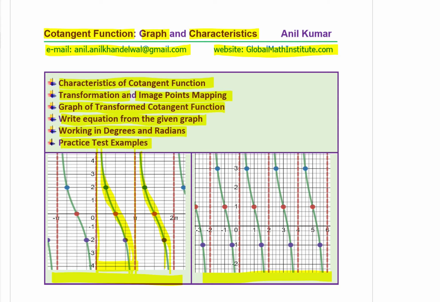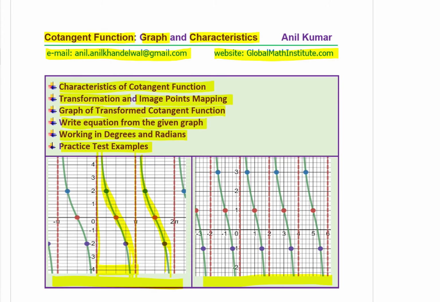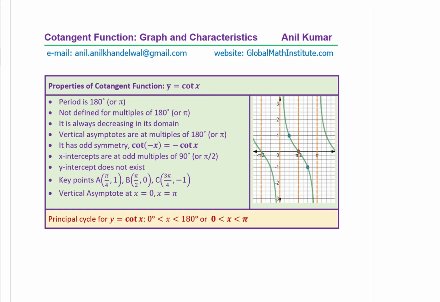the tangent functions earlier. Now let's begin with the properties of the cotangent function y equals cotangent x. We'll consider the principal period between 0 to pi, which is 0 to 180 degrees, right? As such, you know that the period for the cotangent function is pi, right?